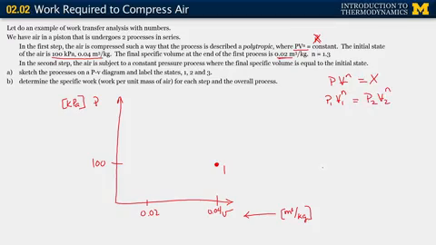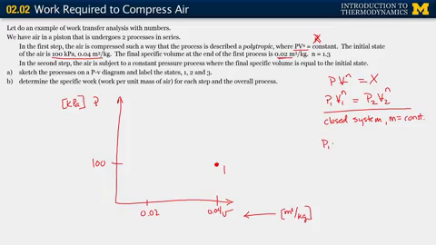We are going to assume this is a closed system. It's not a very bold assumption here because we have essentially no other information. So we're going to assume that this is a closed system. Why is that important? It's important because it tells us that the mass in this system is a constant, which tells me that this expression, which is in terms of the absolute volume, is equally valid for the specific volume.